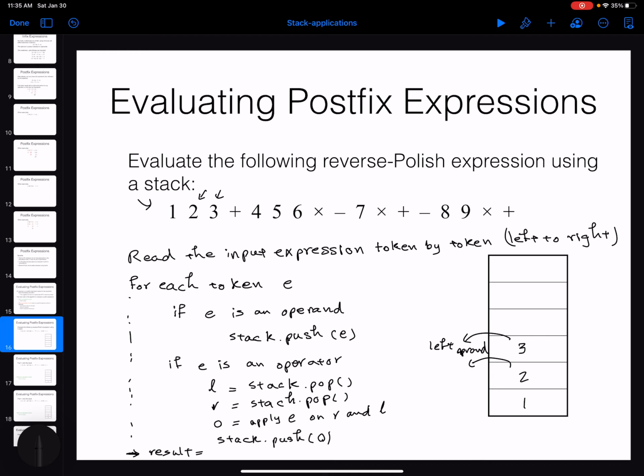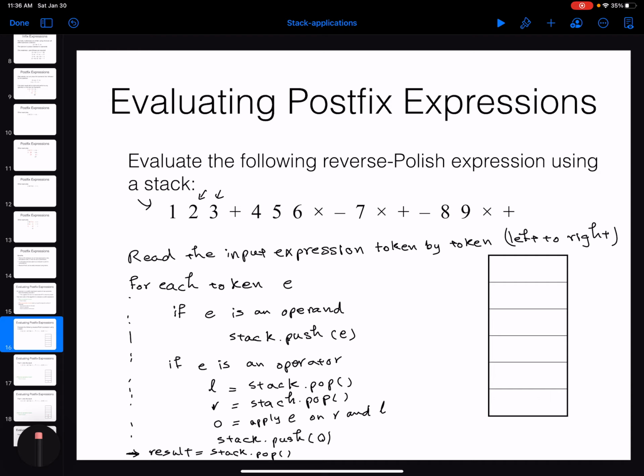A stack dot final pop. Okay, so what I'm going to do here is just apply this algorithm over this example that I have here.